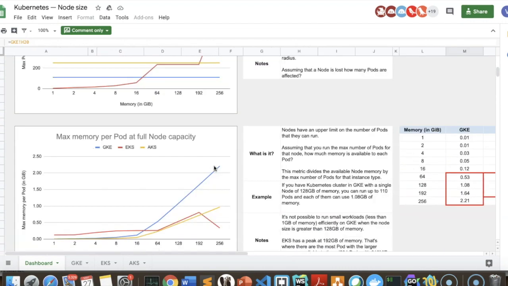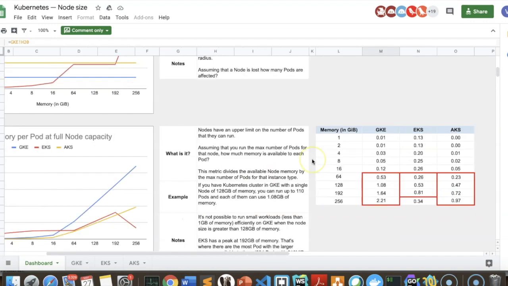And the next one is max memory per pod at full node capacity. So nodes have an upper limit on the number of pods they can run. You can see the behavior is different in different cloud providers.